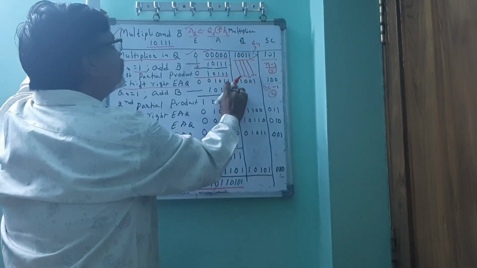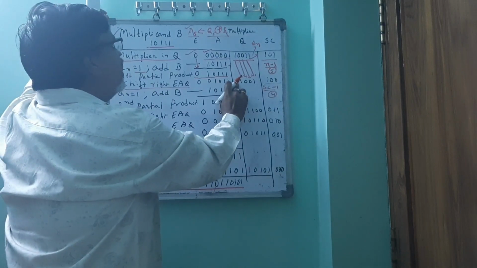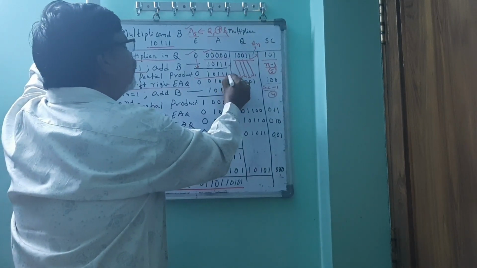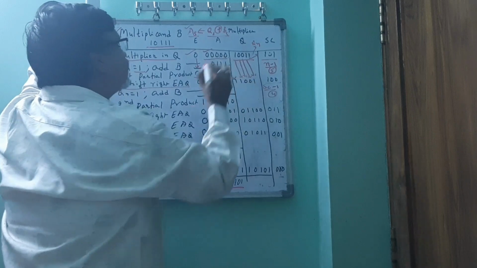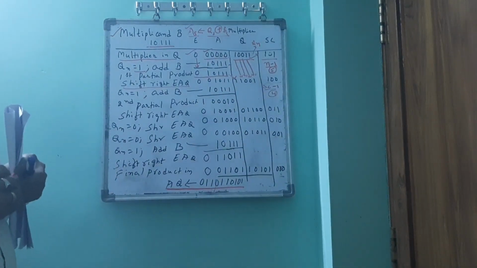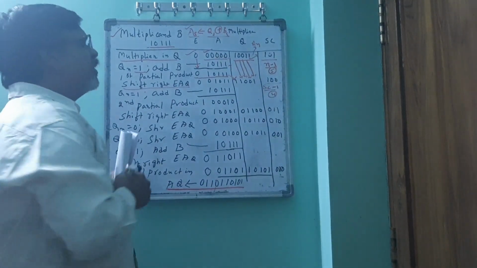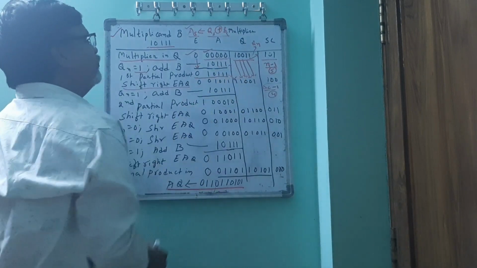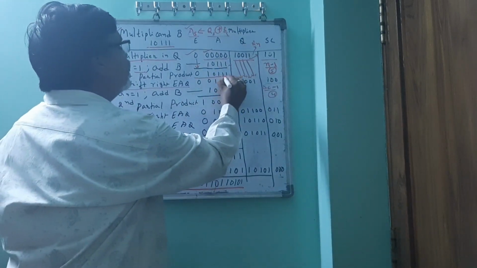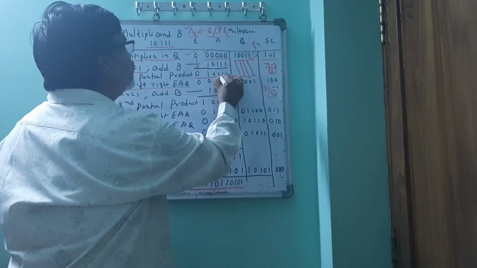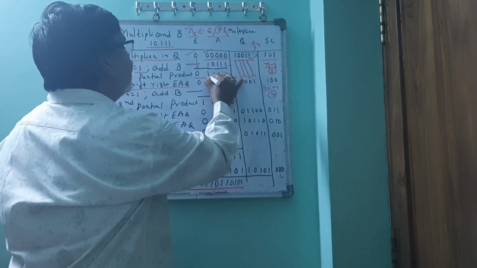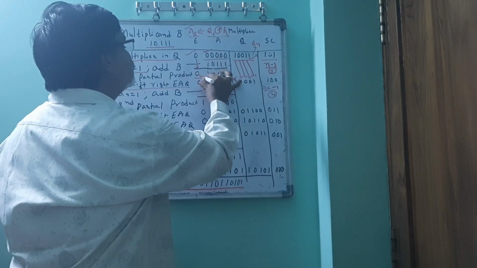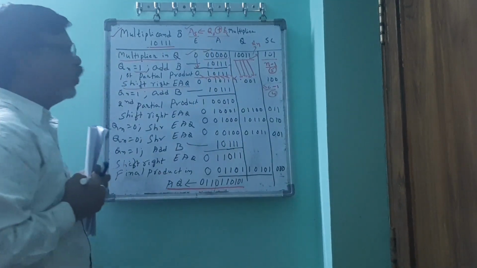And in the most significant bit of Q, we are moving the least significant bit of A. As I told you in the algorithm, the most significant bit of Q will be placed with the least significant bit of A. So this will be moved here, this 0 and this 1, and this E value is moved.